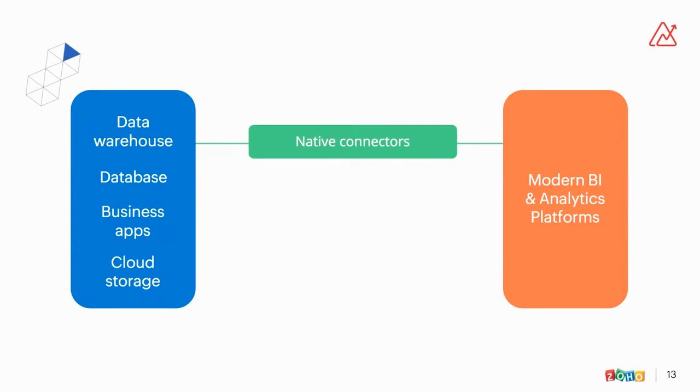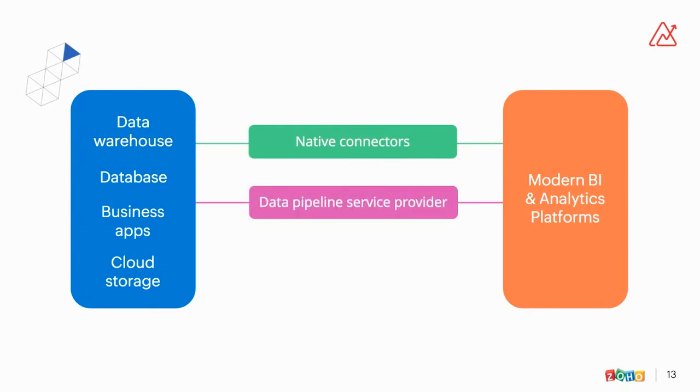In a few simple clicks, you can connect your analytics application to your data source and have your data in your application. You can also have data pipeline service providers get the data from different sources and pump it into your modern BI and analytics platform. Now, these platforms are carefully engineered to work seamlessly with these data pipeline service providers who can ingest your data, transform it, and get it into your analytics platform.